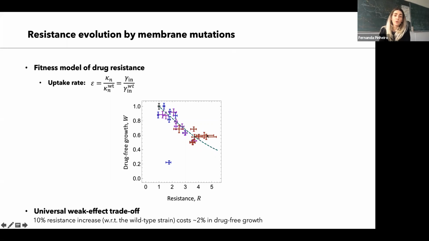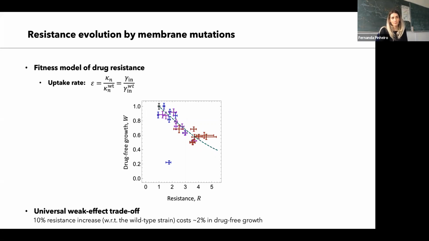And so we know from here that if a mutant wants to increase resistance by 10%, relying on membrane mutations as a defense mechanism, we would expect this mutant to pay a 2% cost in drug-free growth rate.